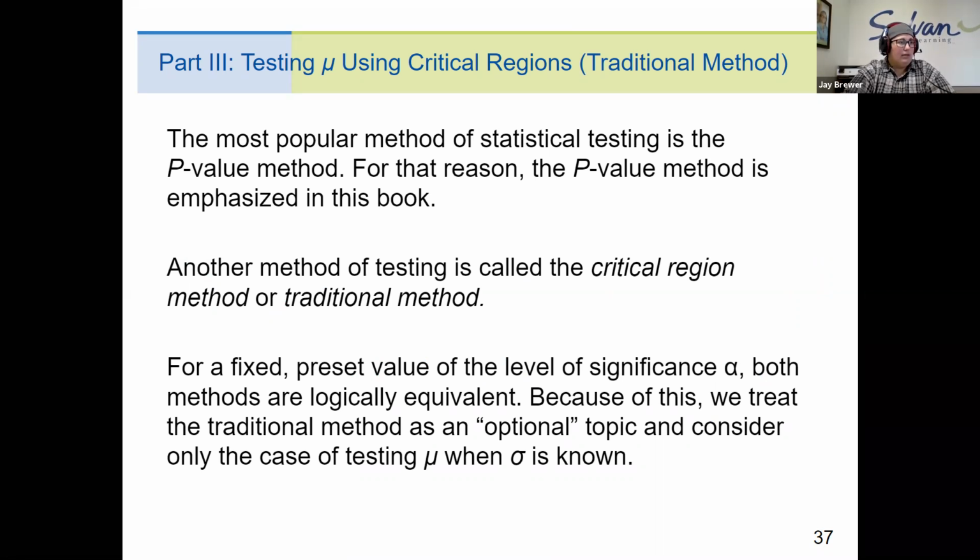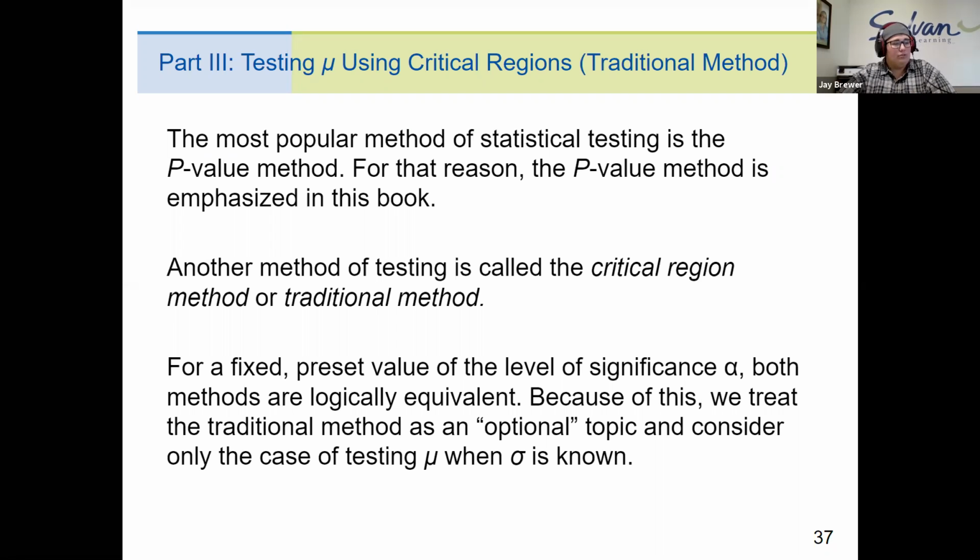The most popular method of statistical testing is the p-value method. For that reason, the p-value method is emphasized in this book. Another method of testing is called the critical region method or traditional method. For a fixed preset value of the level of significance alpha, both methods are logically equivalent.